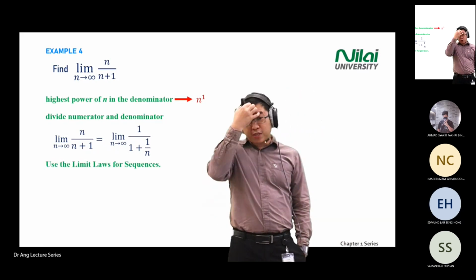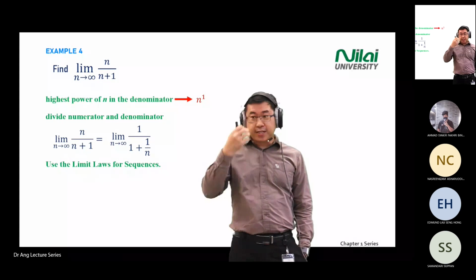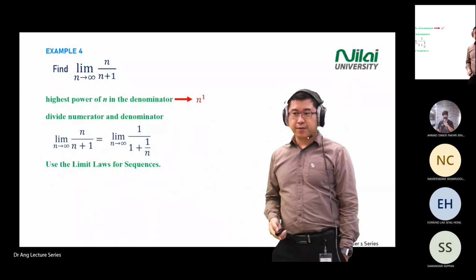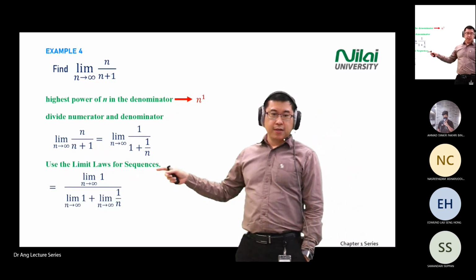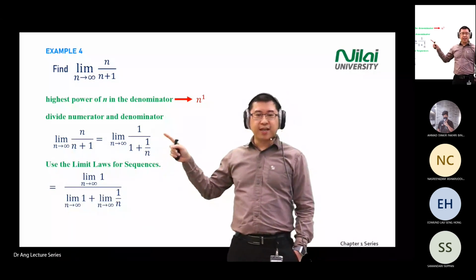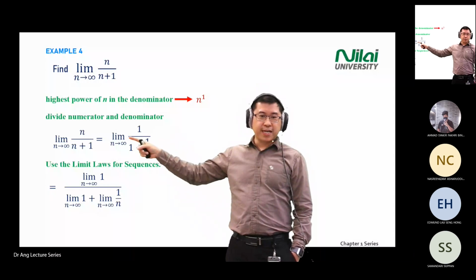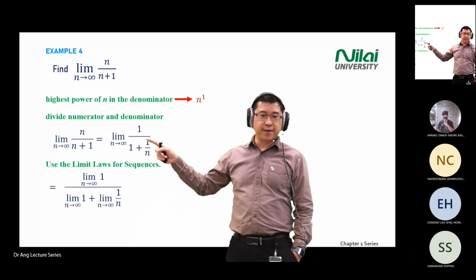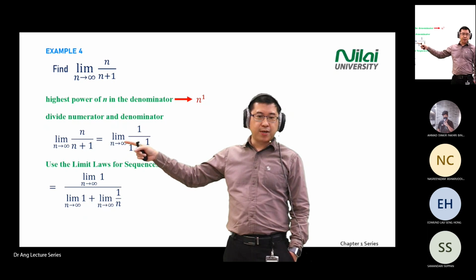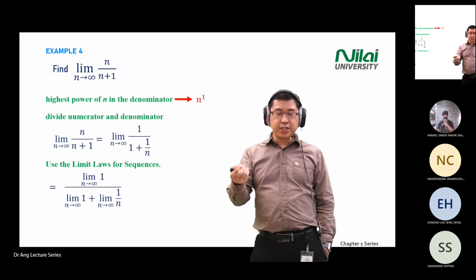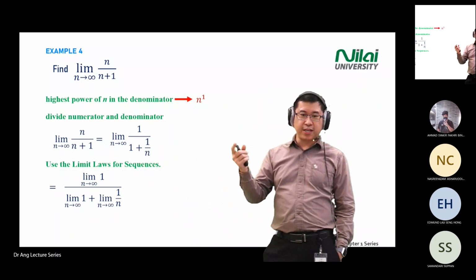Now we start to use the law that we learned just now. Now use the limit law for sequence. This is the multiplication law. You put this limit on the top and bottom, so you can multiply this one in here. You use the limit law that we learned just now: addition, multiplication, division, and all this.